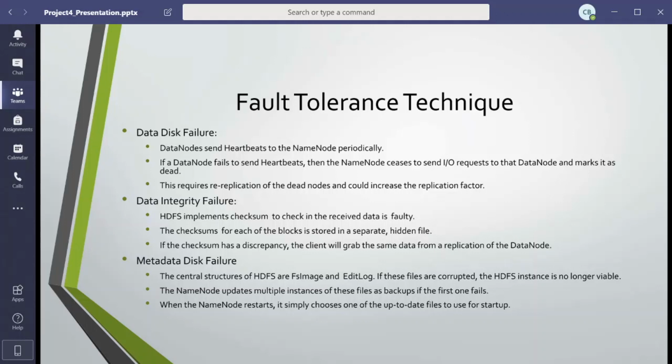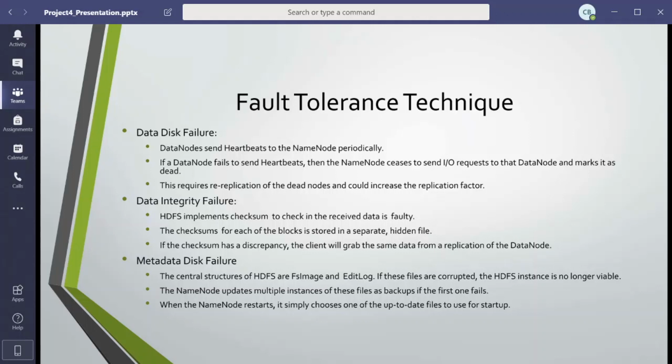These checksums are stored in a separate and hidden file. Before the data node sends any data, it calculates this checksum from the data, and then when it sends the data, the name node can check that data against the same checksum to see if it has changed or not. And if it has changed, then it is obviously no longer the correct data.